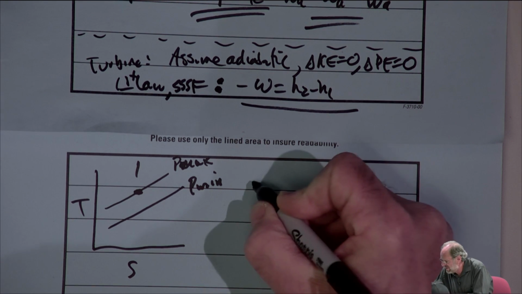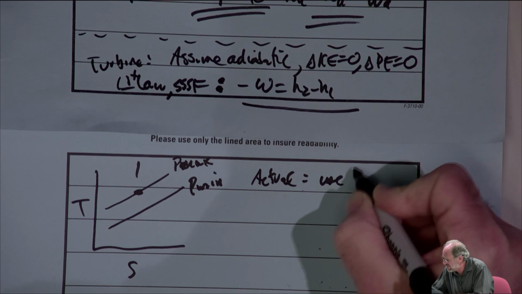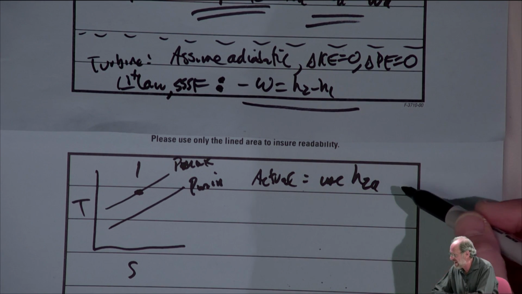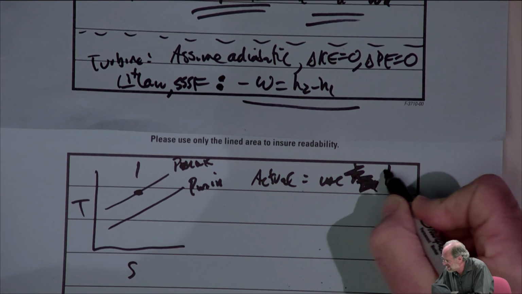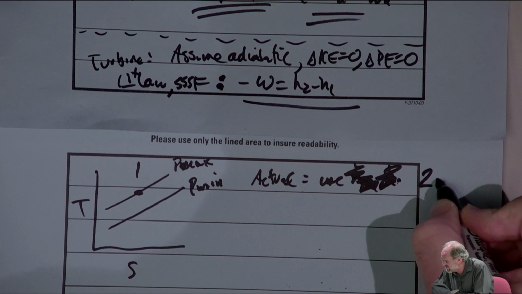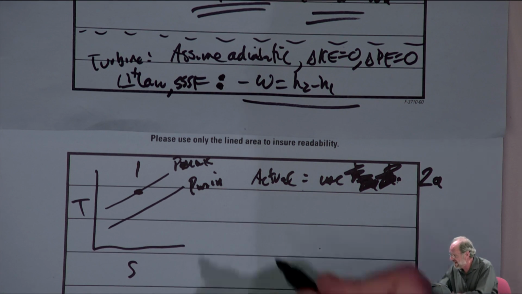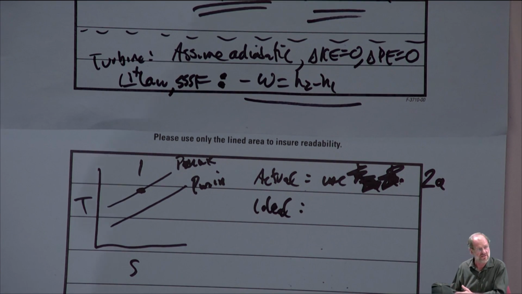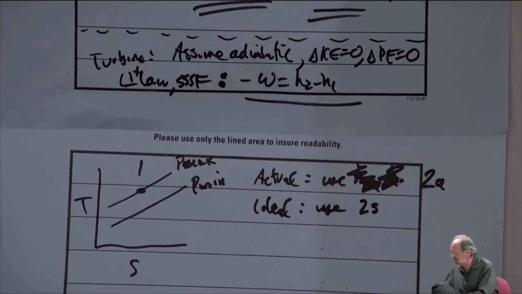If we assume that it's the actual process, then we're going to use 2a as the discharge from this particular turbine. If we're looking at the ideal case, remember ideal means isentropic, then I'm going to use 2s. Again, s would represent the ideal.